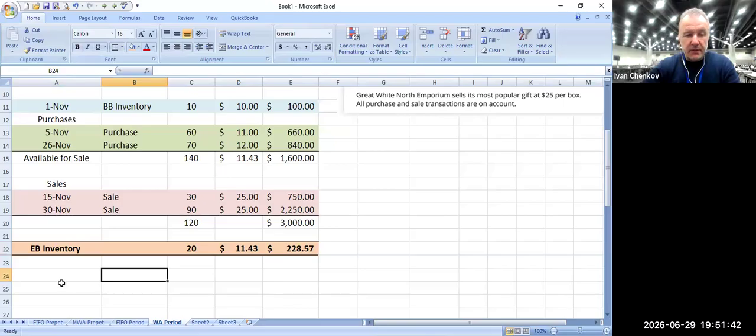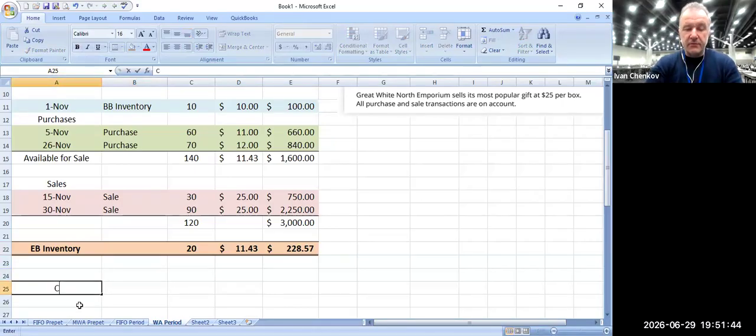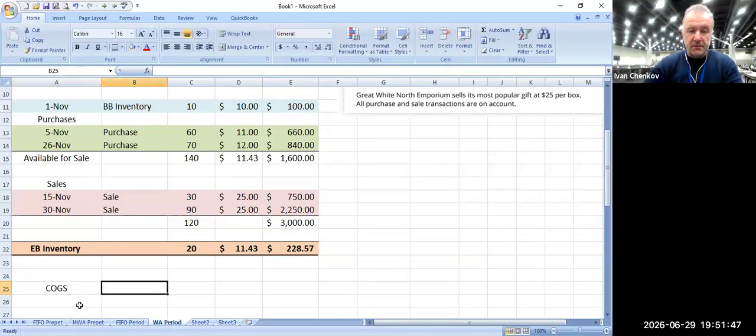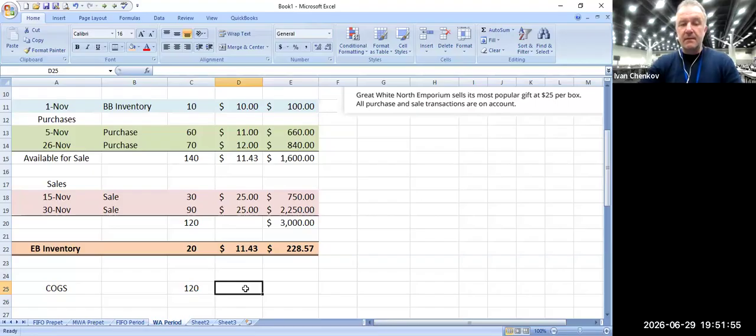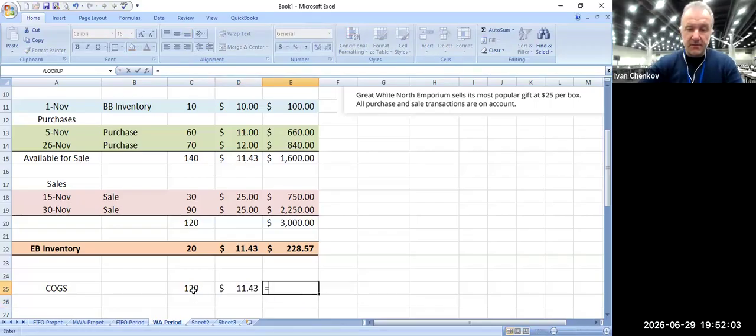After I get my ending inventory, now I can calculate the cost of goods sold. Obviously, I'm selling 120 units, and they're coming with the cost at 11.43. So the cost of this one should be 120 times 11.43.